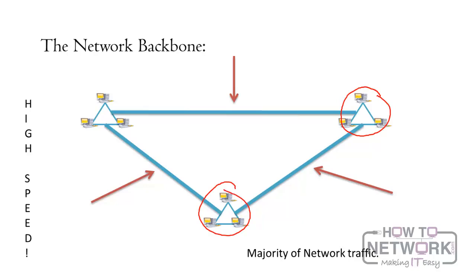That's why it's called the backbone. And it needs to be large, fast, and capable of communicating at very high speeds, because all of these computers, all these smaller networks are communicating. We'll talk about how that all works in a bit.